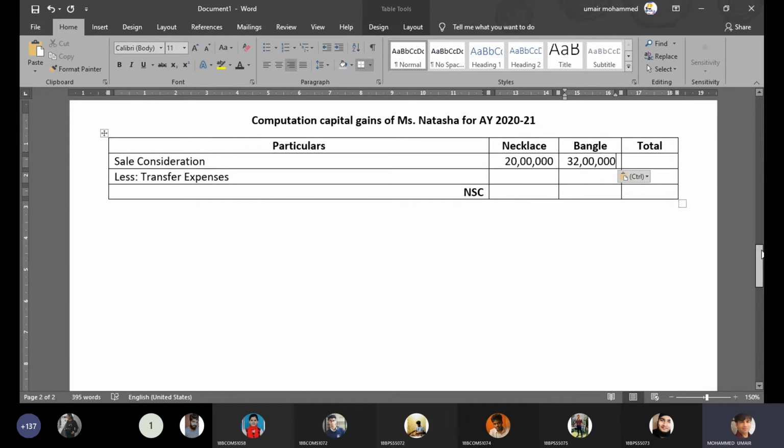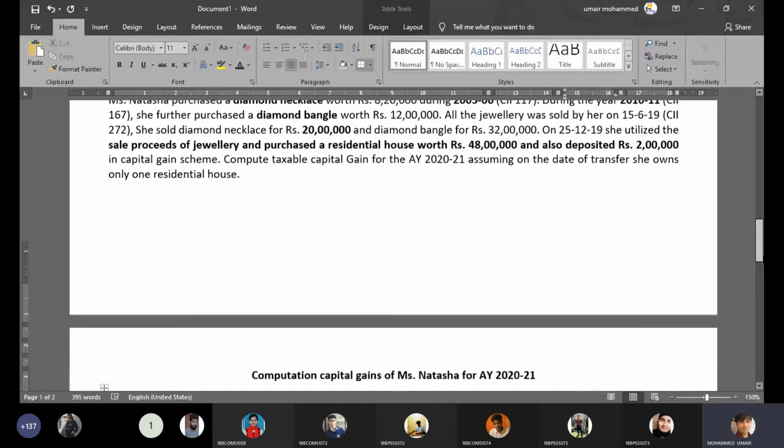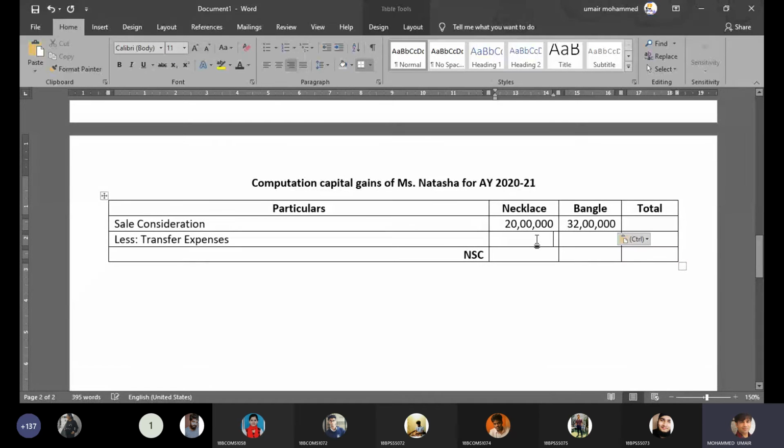Now, is there any transfer expense? As per the question, there is no transfer expense as such. So the net sale consideration will be the same. If you write the total also here, it is 52 lakhs.